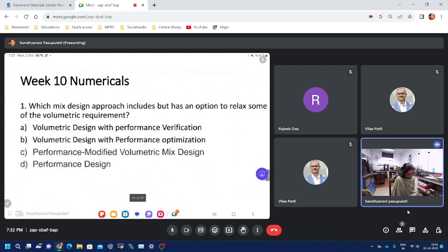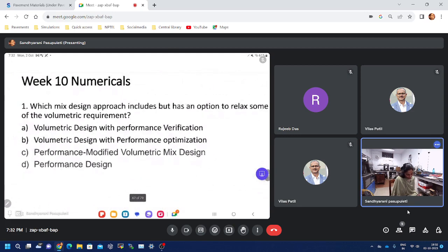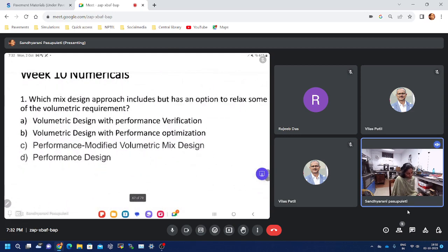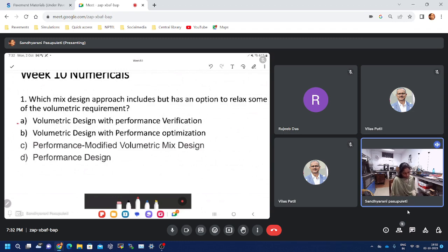So let us see a few numericals. Which mix design approach includes volumetrics but has an option to relax some of the volumetric requirements? So if you could see here, there are 4 approaches for the balanced mix design. The approach A is what? We do Marshall mix design.